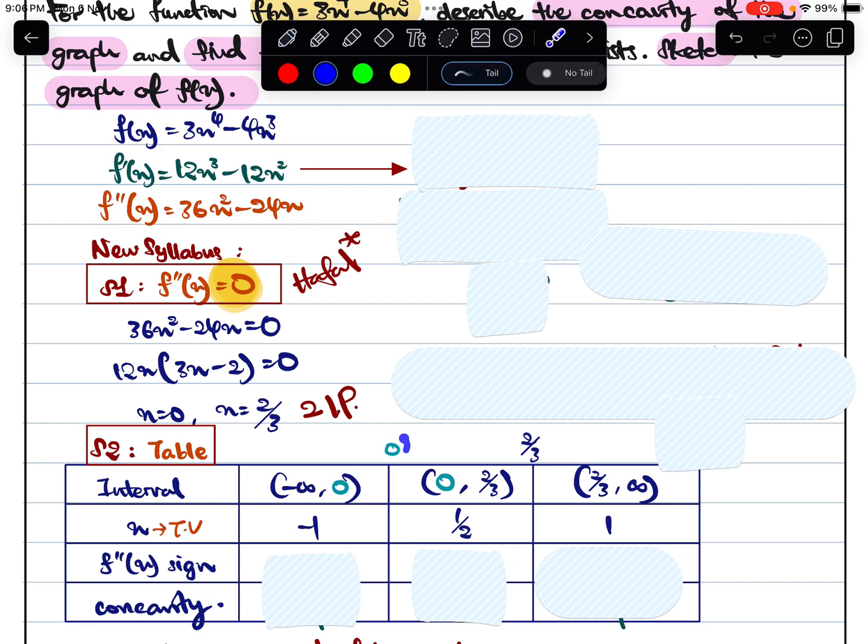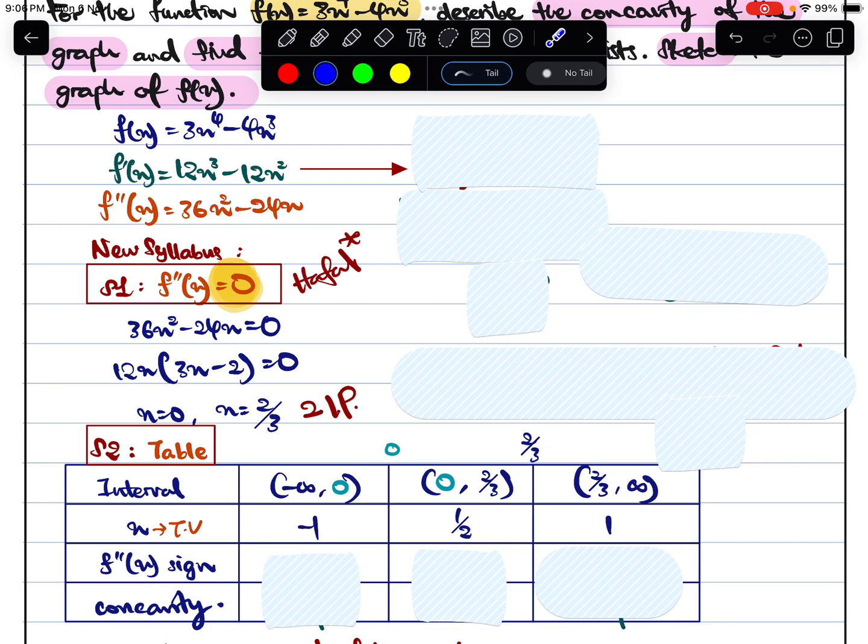So here we go. You must write down your values. Which one is the least number? The smallest number, which is 0. You must write it down there first, and then the biggest number, which is 2 over 3, will be at the back.